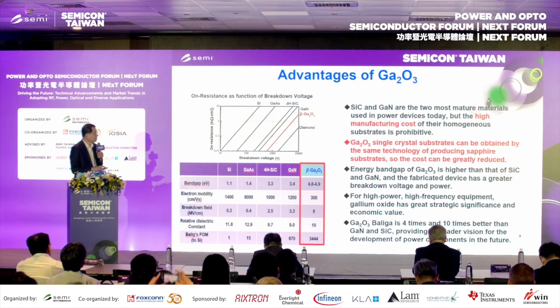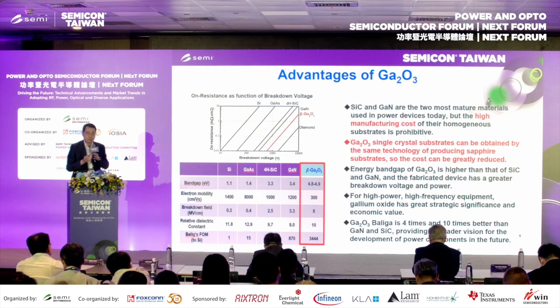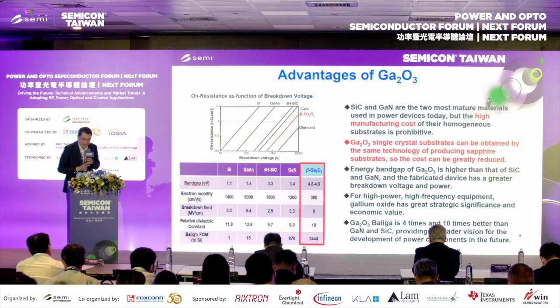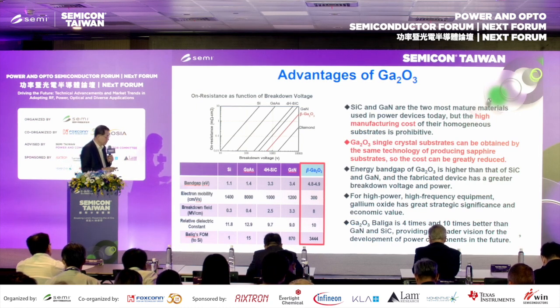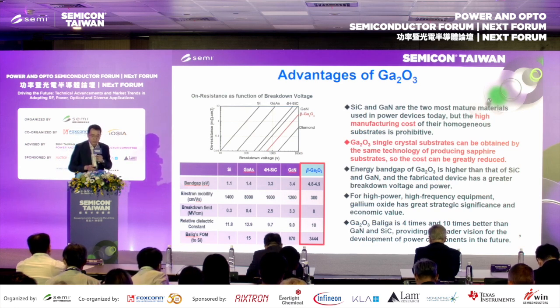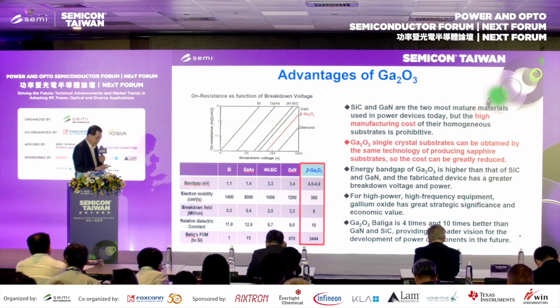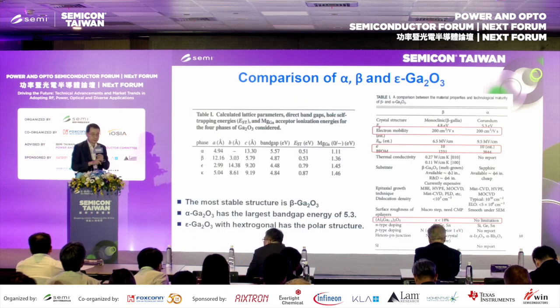Compared with these two more mature materials, silicon carbide and gallium nitride, gallium oxide has high potential for high power, high frequency equipment, and also, with its high Bandgap FOM compared with silicon, for high power components.